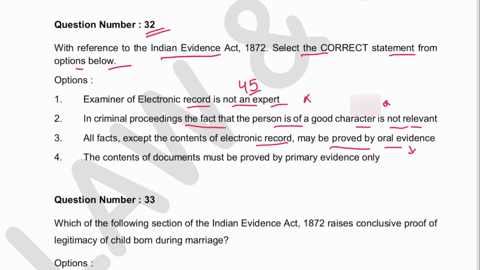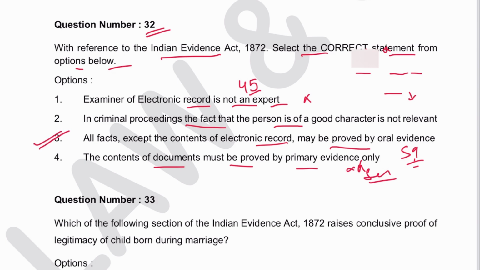This is mentioned in section 59 of the Evidence Act. So this is correct. The content of a document may be proved by primary evidence only, not primary or secondary evidence. This is wrong. So 3 is the answer. Now the sections have been changed. Obviously this has become 39, and section 59 has become section 54 in Bharatiya Sakshya Adhiniyam.